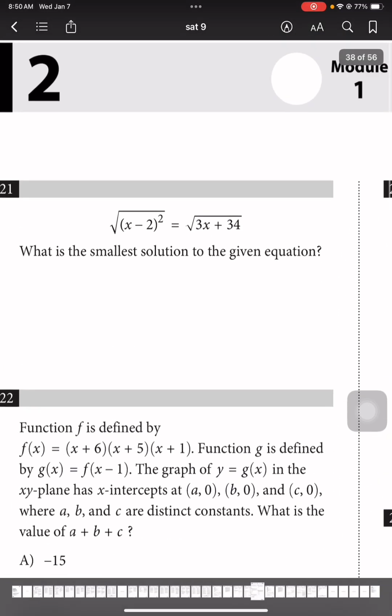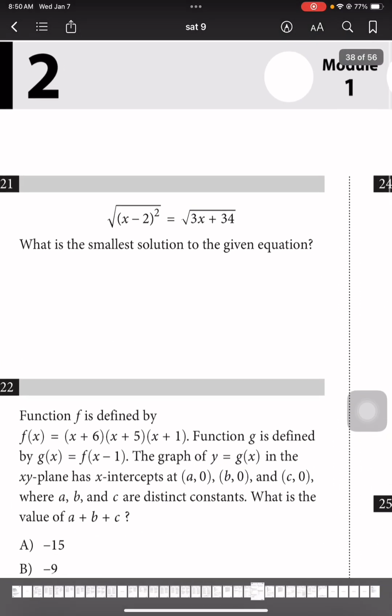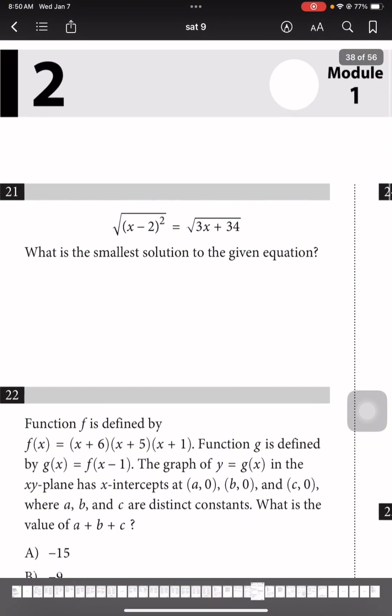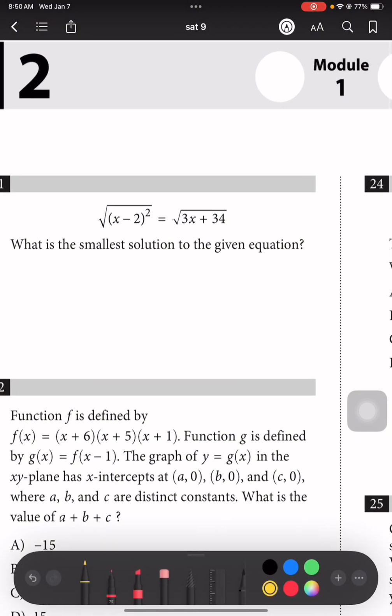Okay, 21. Smallest solution to the given equation. Smallest solution. When you square this, you get x squared. I'm just going to square this, minus, I'm going to square it and see what I get, because I don't know what I'm going to get.